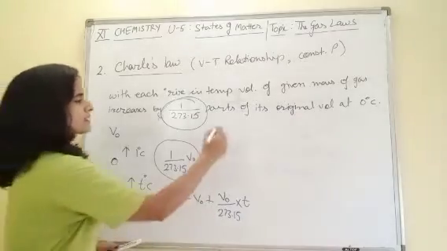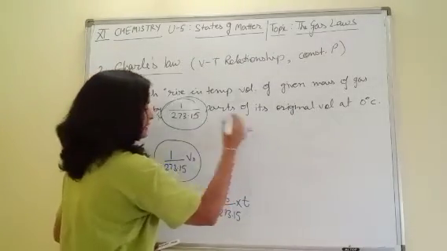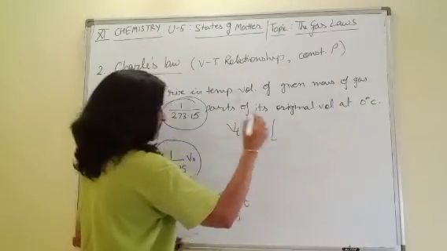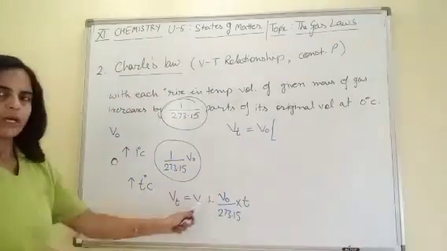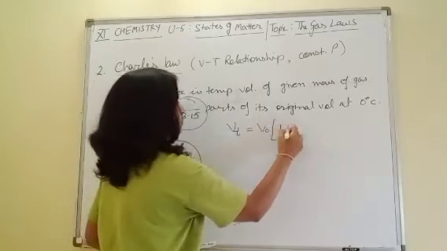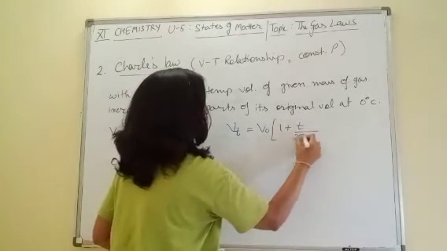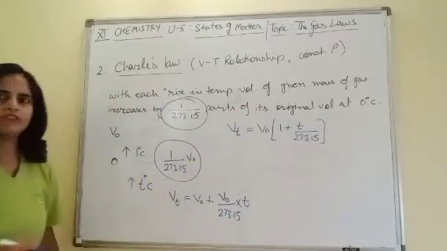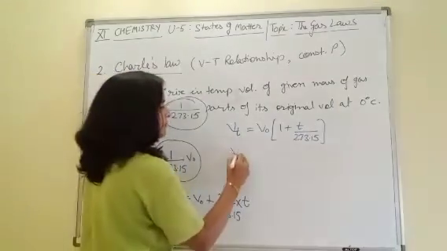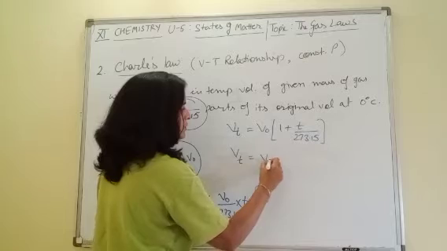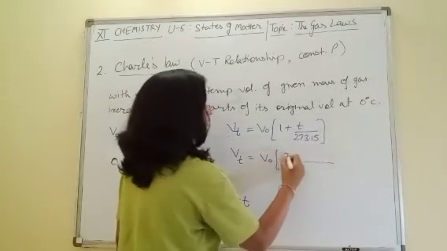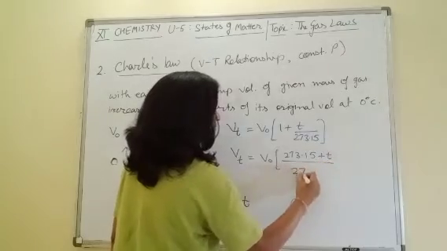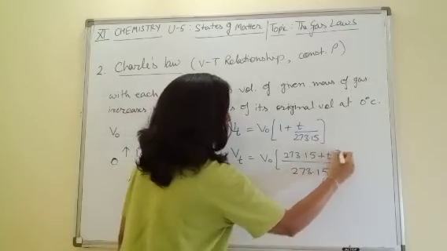Further solve this. Vt is equal to, V0 is common, so we will have 1 plus T by 273.15, or we may write Vt equals V0 into (273.15 plus T) divided by 273.15.